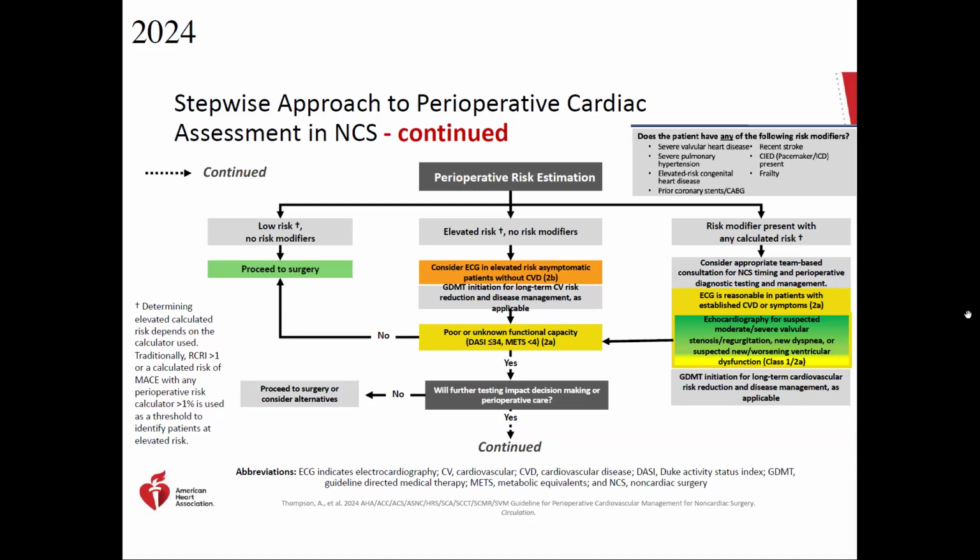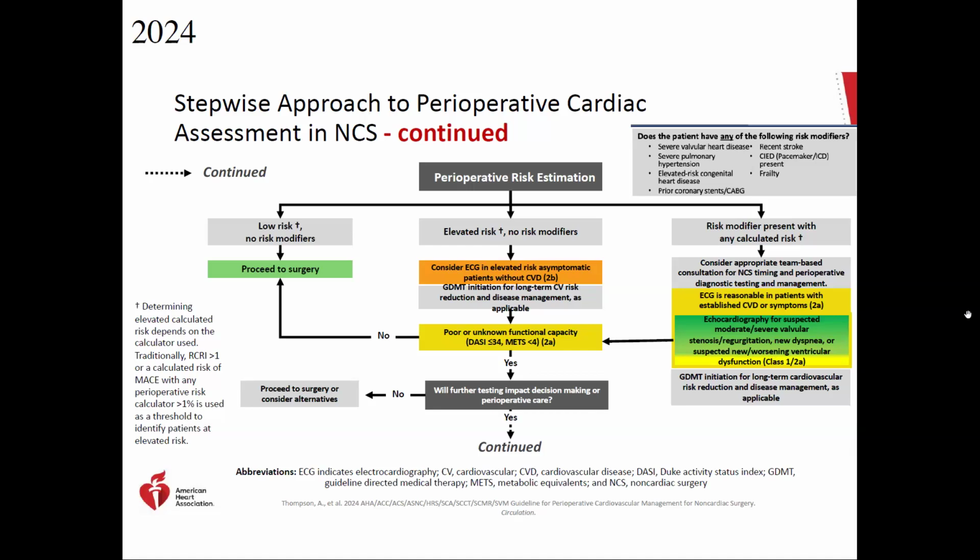So what does this pathway say? I don't know, it's pretty much common sense that you would do a team-based consultation to determine the timing of this non-cardiac surgery and discuss options for testing and management. And you're going to look at the EKG.